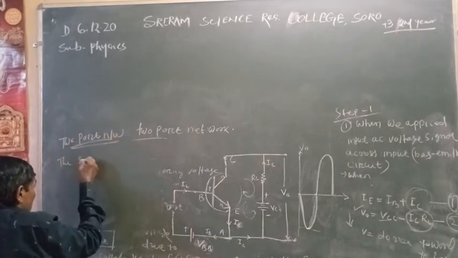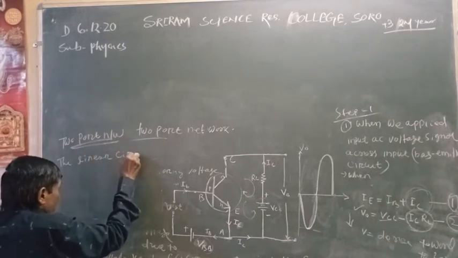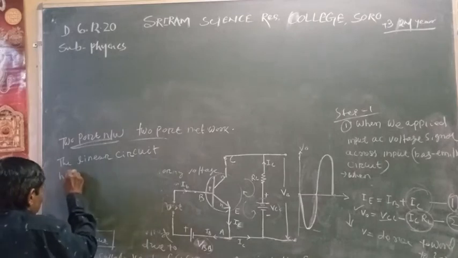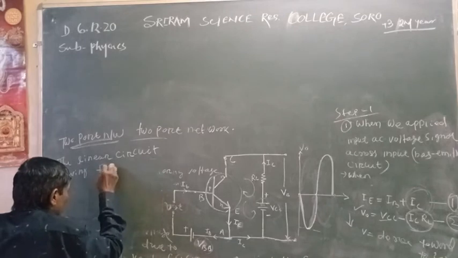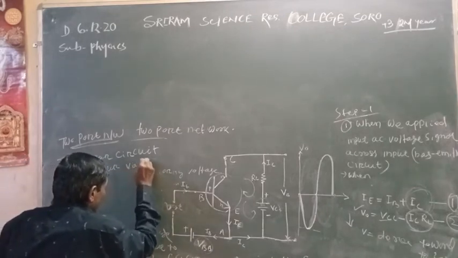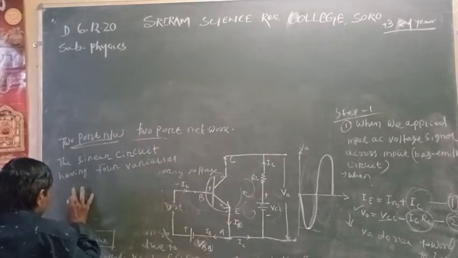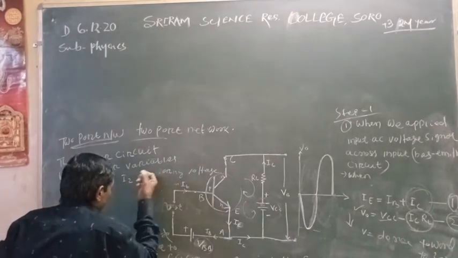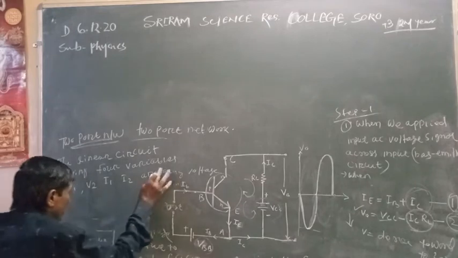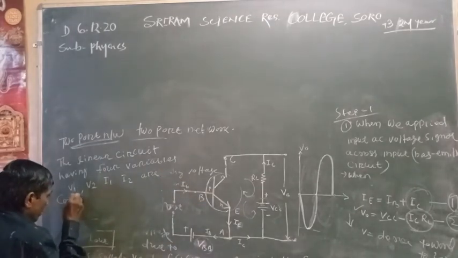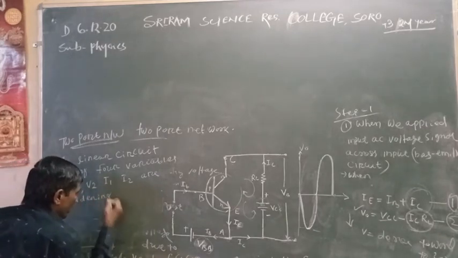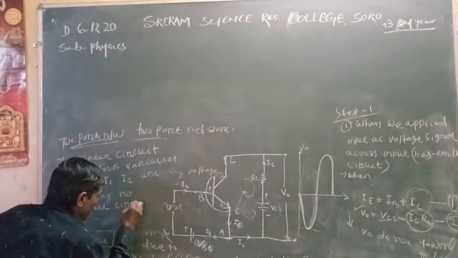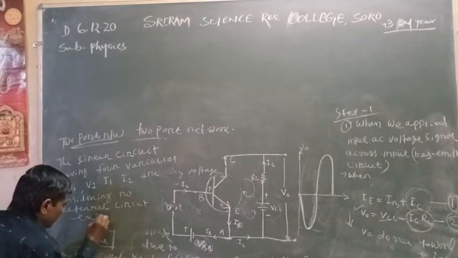Now a linear circuit having four variables, V1, V2, I1, I2, are considered, with no external circuit existing.